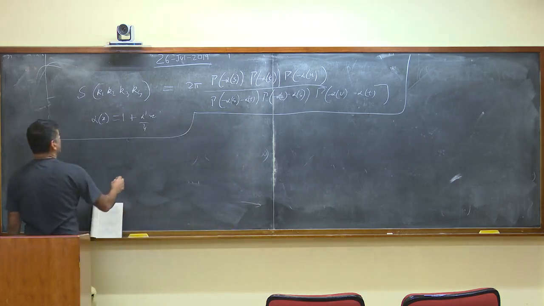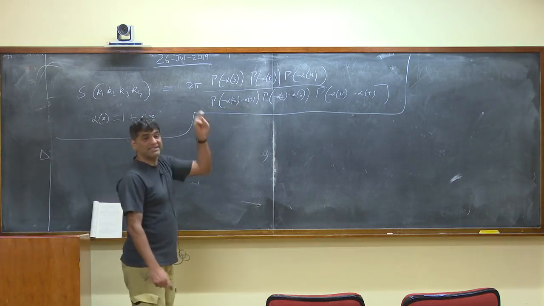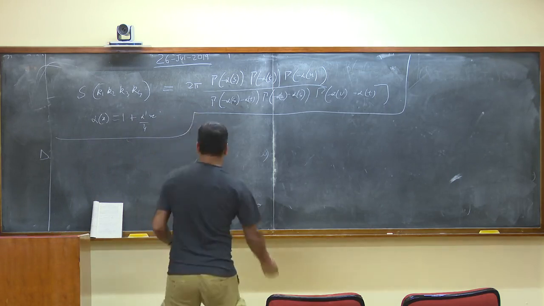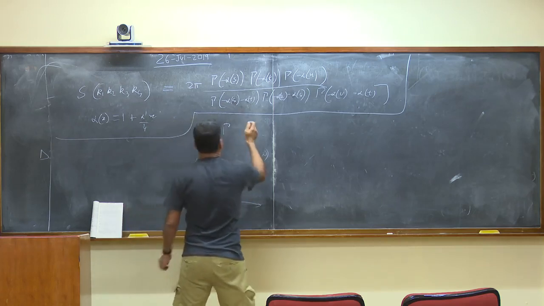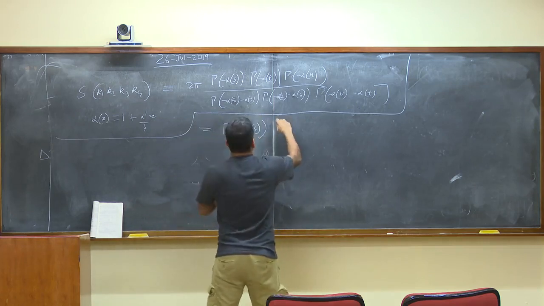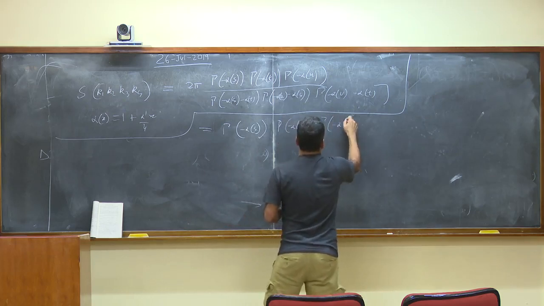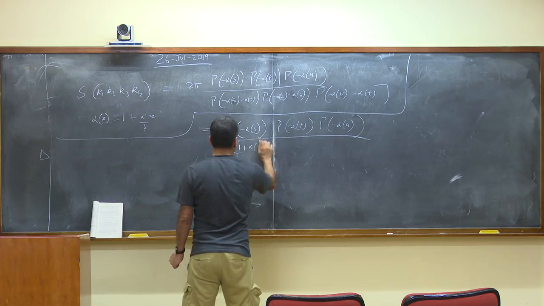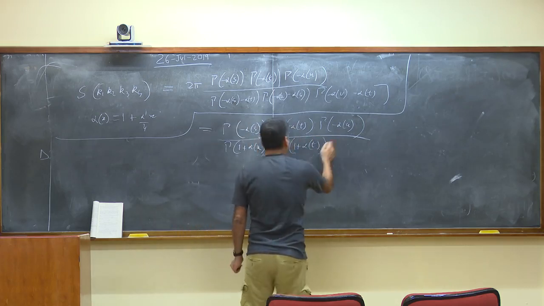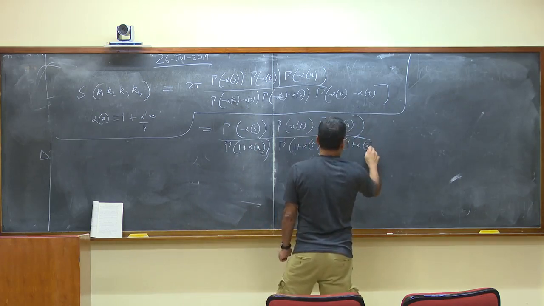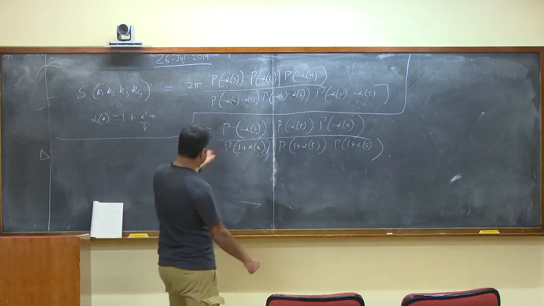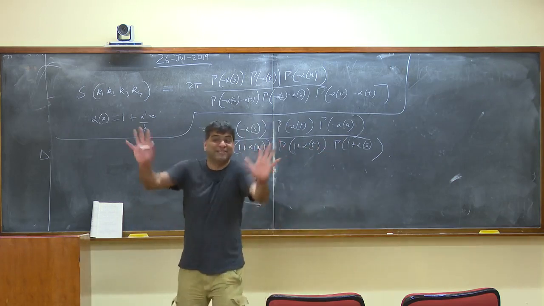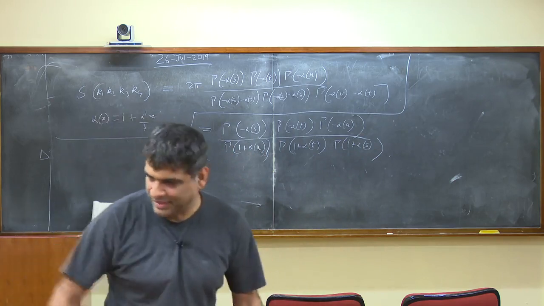Let us remember that alpha of S plus alpha of T plus alpha of U was equal to minus 1, and therefore minus alpha of T plus minus alpha of S is 1 plus alpha of U. So this is equal to gamma of minus alpha of S, gamma of minus alpha of T, gamma of minus alpha of U divided by gamma of 1 plus alpha of U, gamma of 1 plus alpha of T, gamma of 1 plus alpha of S. And exactly as Upmanyu said, if minus alpha of S is a negative integer, all these arguments are positive integers, so there's no cancellation going to happen.